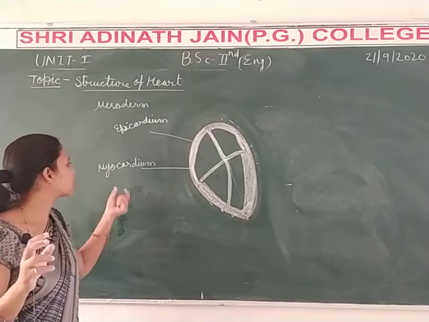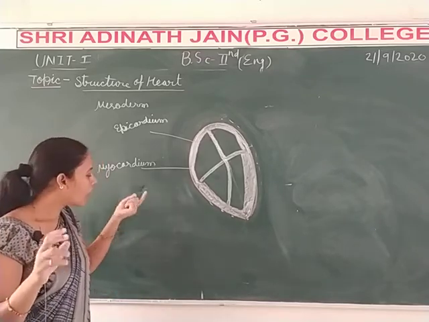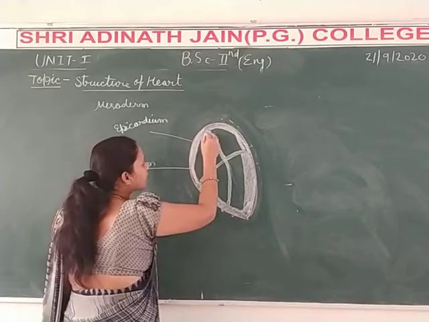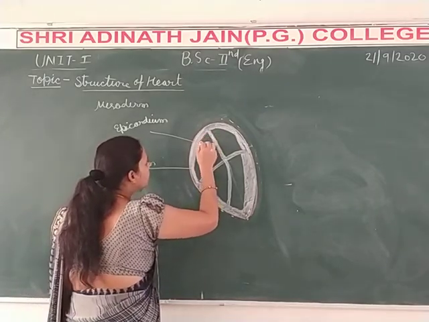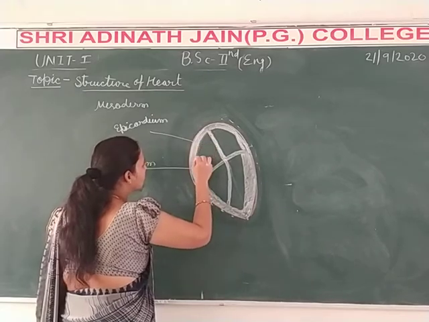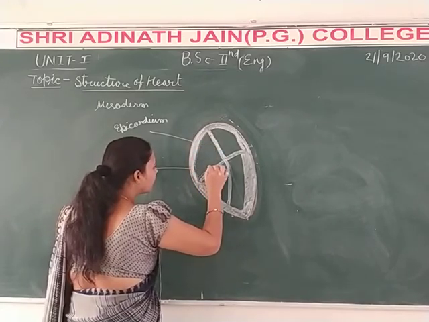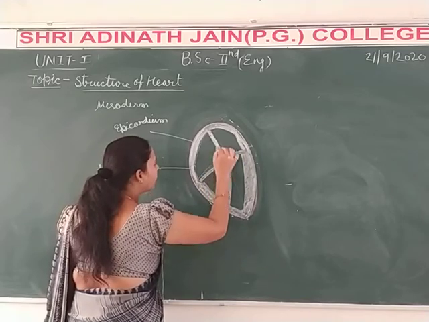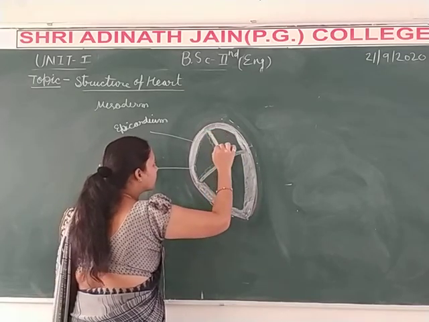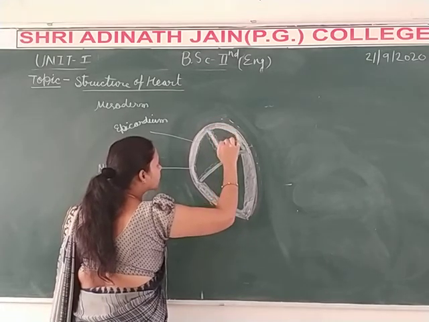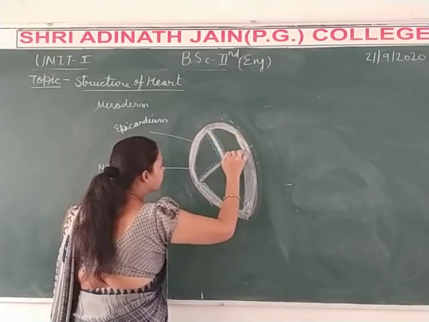This is known as myocardium. After that muscular tissue, there is a lining of squamous epithelial cells, a lining of squamous epithelium tissues.